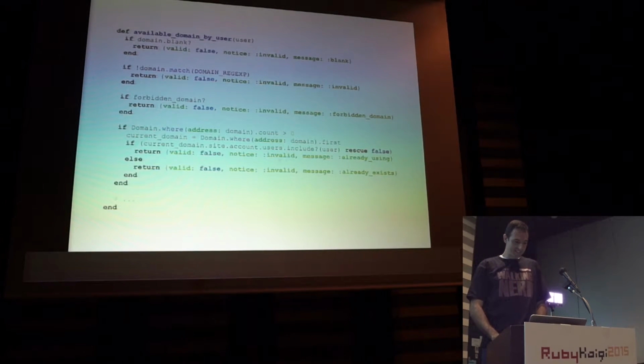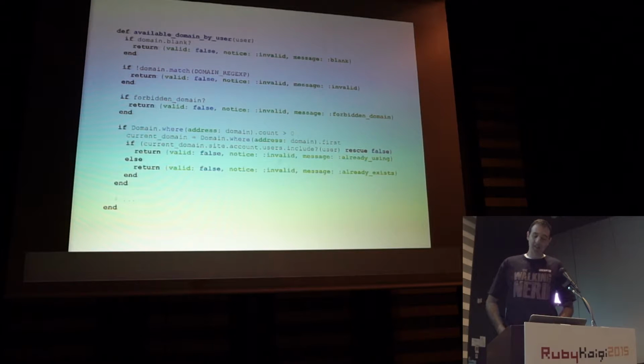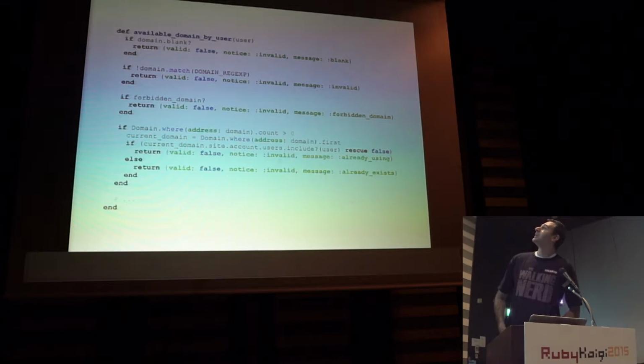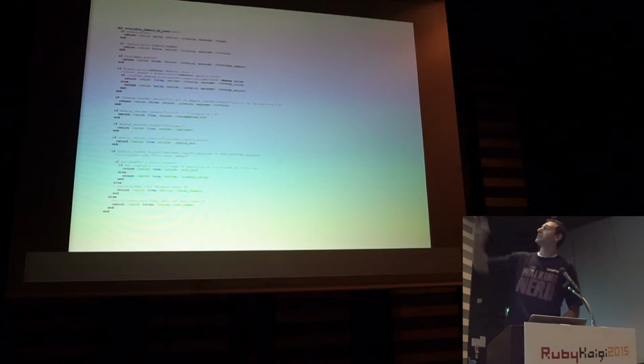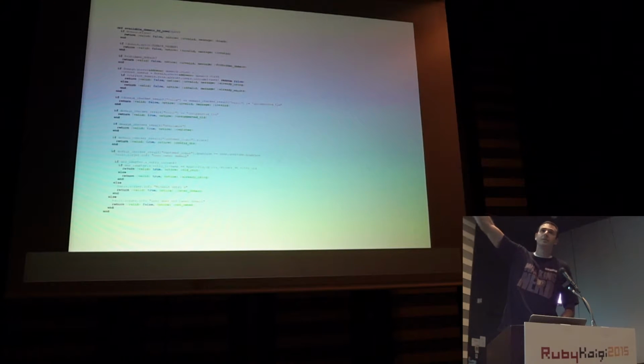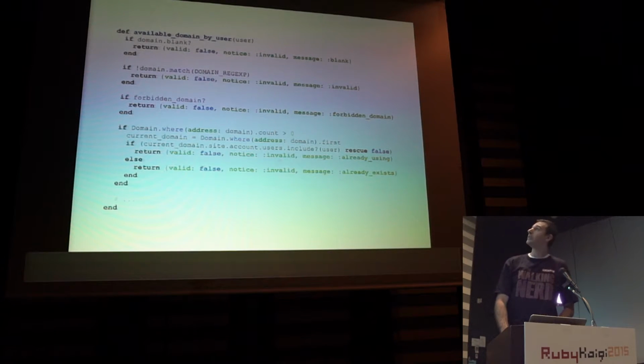And let's take a closer look at this method, available_domain_by_user. This is the entire code of the method. Let's see it in parts.